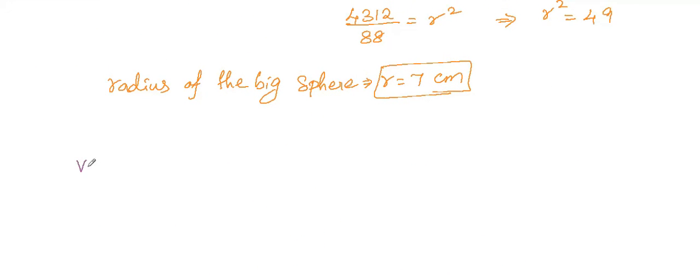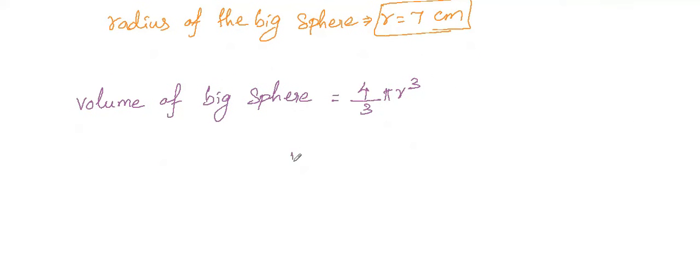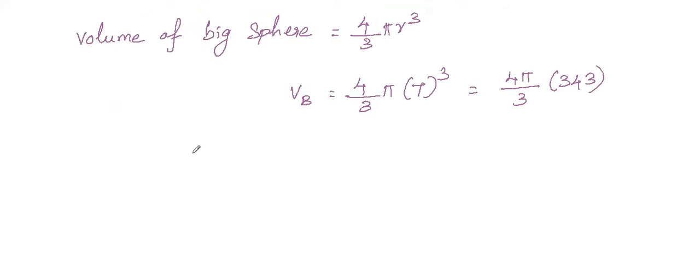Now find the volume of each sphere, which is the volume of the bigger sphere and the smaller sphere. The volume of the sphere formula is 4 by 3 pi r cube. So if radius is 7, then the volume of the bigger sphere becomes 4 pi by 3 into 7 cube, which is 343.